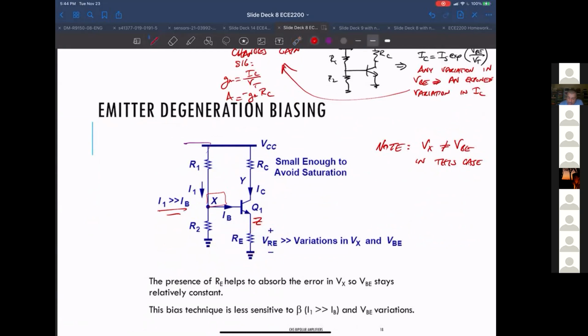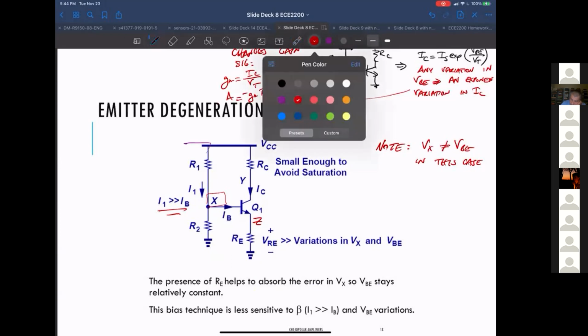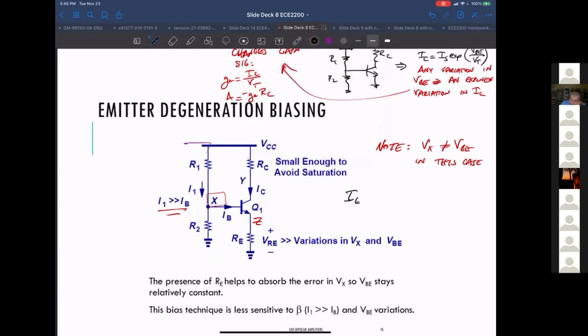So let's look at it. Think about the current I sub C. We know I sub E is I sub C plus I sub B, which we had earlier when we talked about the bipolar transistor.